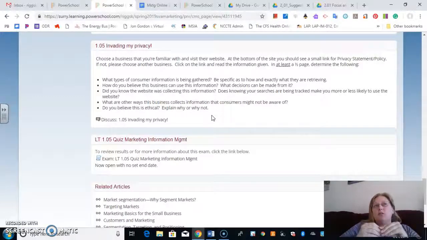So if I get on Google and search up Target, I'm going to start seeing ads on Facebook and Instagram about Target. It's just how they do things. Is that going too far? Do you believe that them collecting your browser information is going too far? Because they all do it.